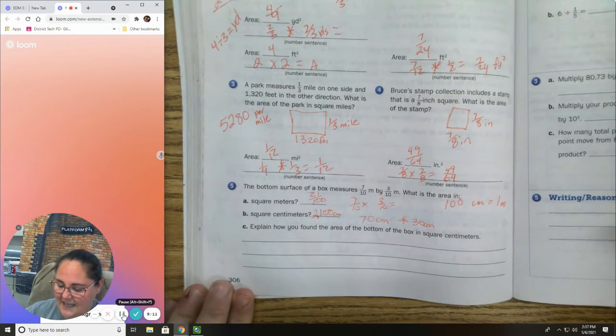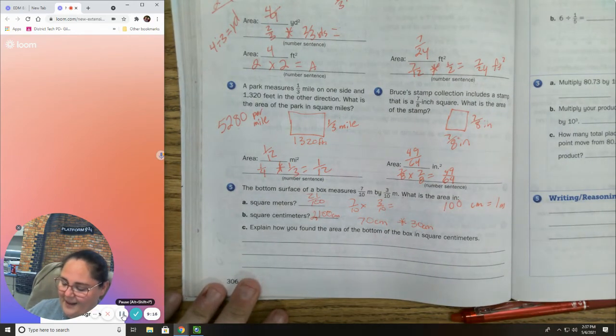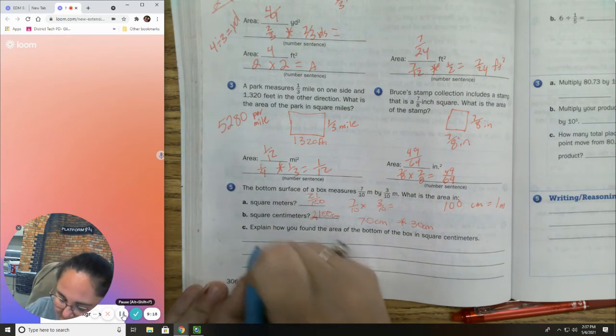All right, here we go. It says, explain how you found the area of the bottom of the box in square centimeters.